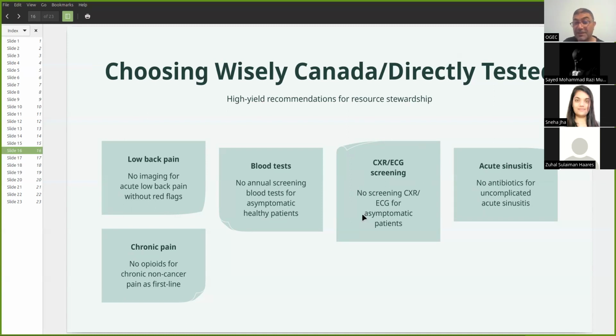For example, if the patient doesn't have any symptom, they will not require any chest X-ray or ECG screening. Blood test as well. If the patient is asymptomatic, the patient is healthy, there is no need to do annual screening blood tests. Low back pain without any red flags may not require any imaging.